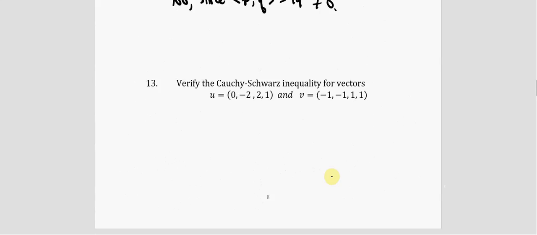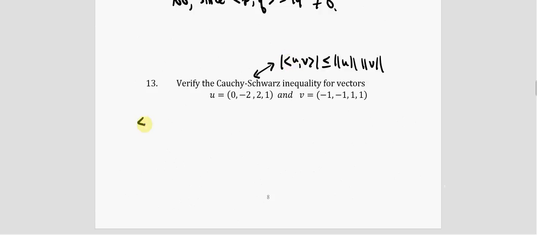Here, verify the Cauchy-Schwarz inequality for vectors. Well, what is that? The Cauchy-Schwarz inequality, you remember, it says that the absolute value of the inner product of u and v is less than or equal to the norm of u times the norm of v. It looks like a K, but you know it's the absolute value.